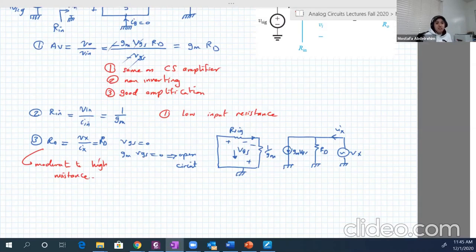But it turns out that there are some applications, like the example we're going to see today, in which you need low input resistance. Okay. For example, when you interface with a coaxial cable, if you guys study this in field theory, you need a proper termination for it.